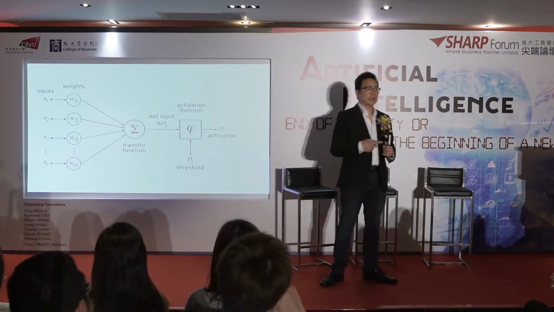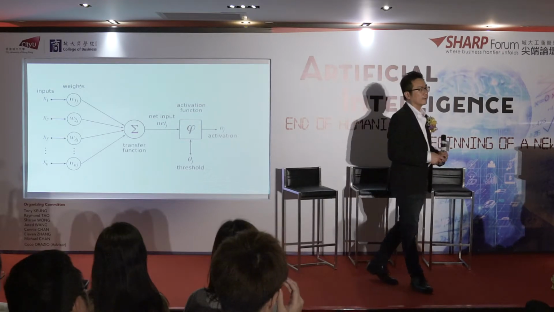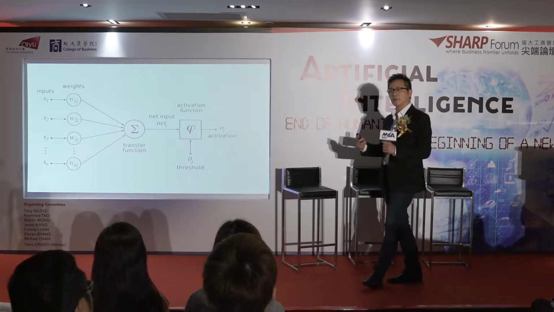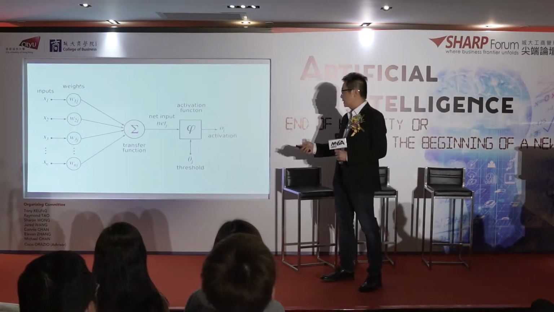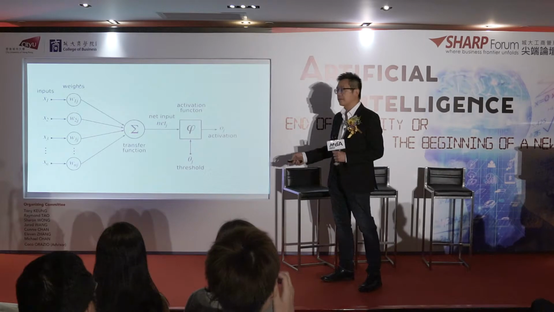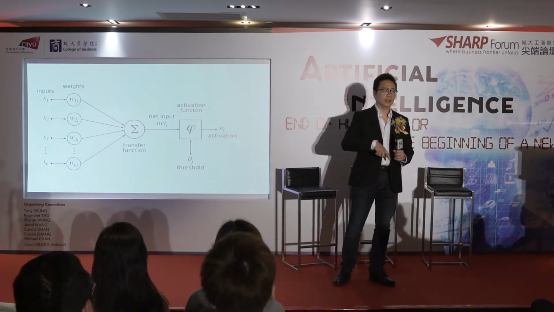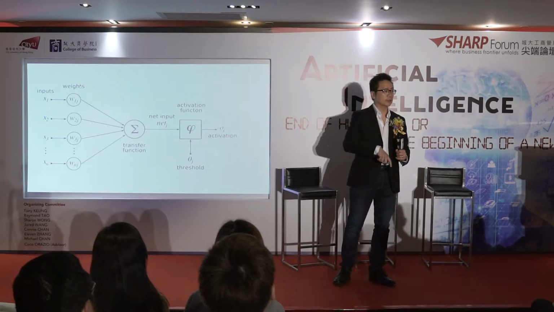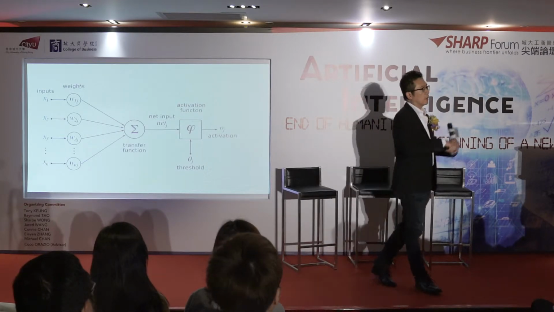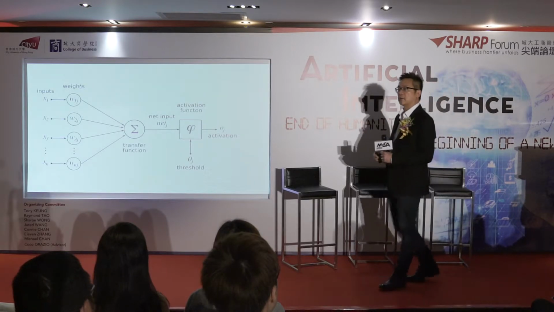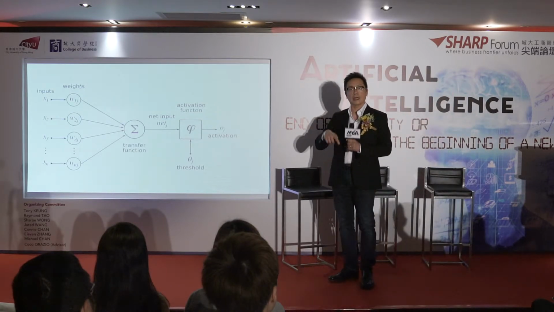Nowadays, the main difference is that besides one neuron, we have hundreds, thousands, millions, tens of millions of neurons. Besides not only 4 connections, today in deep learning, we have hundreds, thousands of connections. Totally, there may be billions of connections in a modern deep learning algorithm.